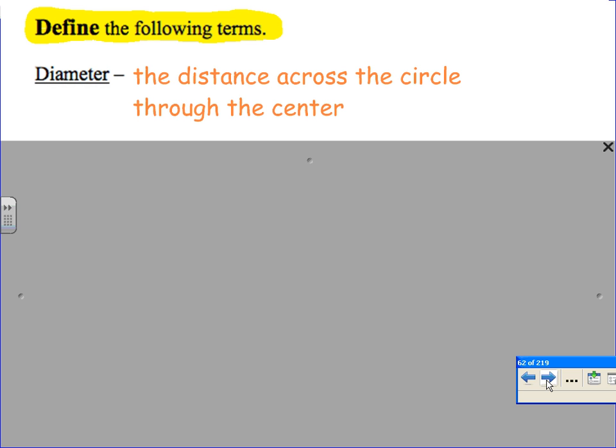So diameter of a circle is the distance from one end of the circle to the other, but it goes through the center. Half the diameter is the radius, always.